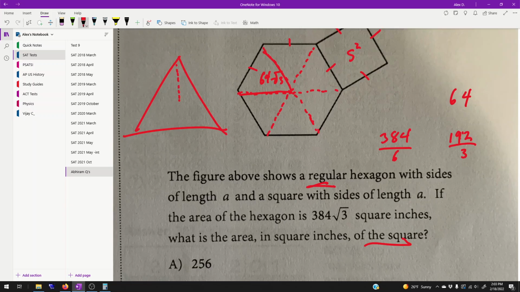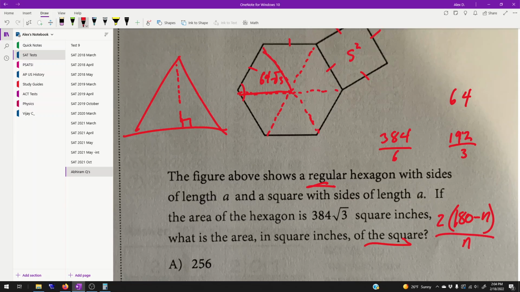And if we drop an altitude on that triangle, we have to know something about hexagons. Each degree measure on the outside here in a hexagon, in any n-gon, any sided figure, the number of sides times 180 minus the number of sides times 2 gives you the number of degrees in the whole shape.